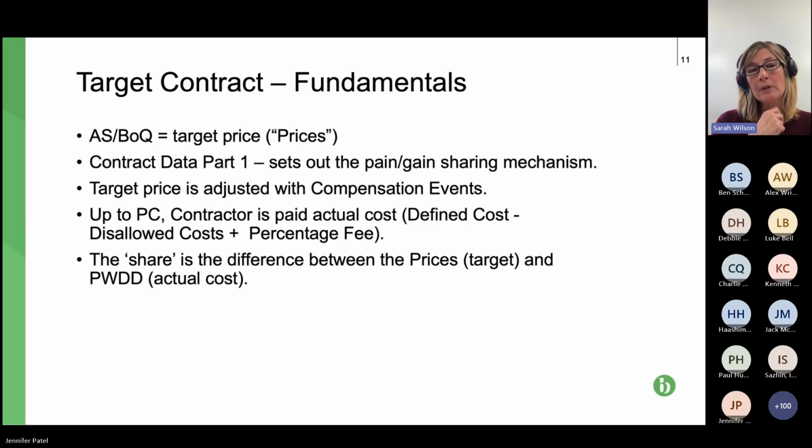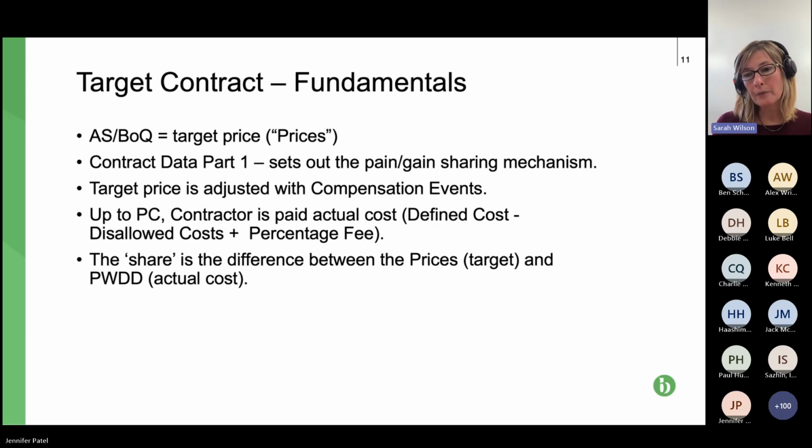The next bullet point, contract data part 1. This is the part that the employer, the paying party, completes. In a subcontract, the contractor completes it. We'll see this later on. We've got the extract from the contract, but it sets out the pain gain sharing mechanism. It is critical that this bit is completed for obvious reasons.